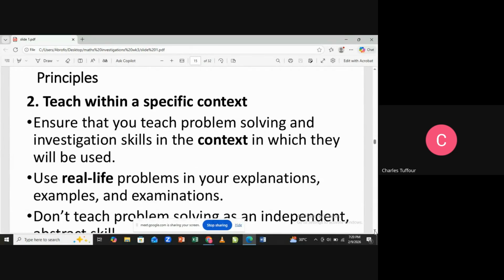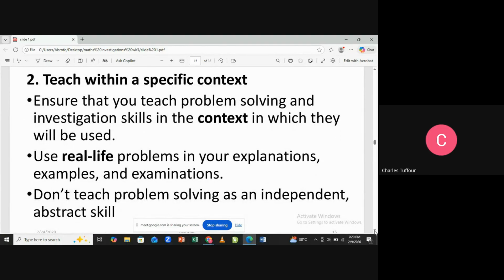Teach something that will be useful in their lives. Use real life problems in your explanations, examples, and examinations. Whatever problem you want them to solve, at the end of the day they should be able to link it to something in the market, in my mother's shop, in our various homes.